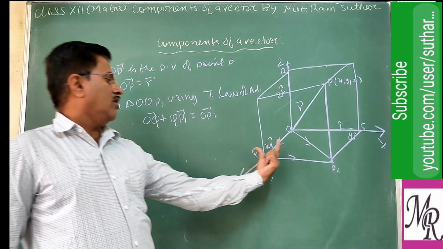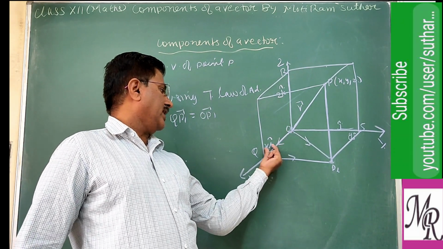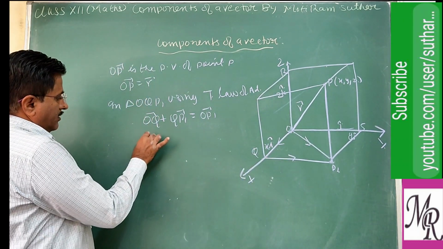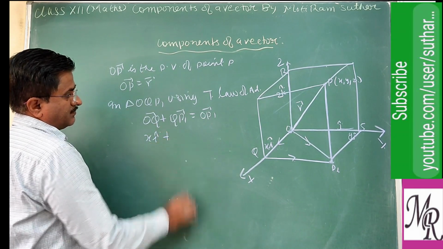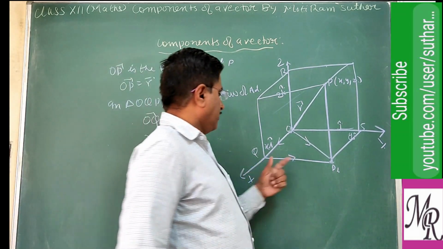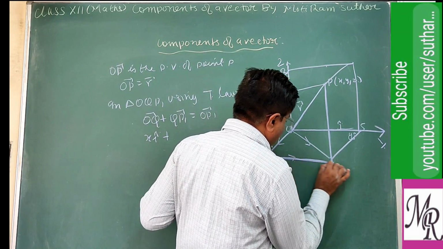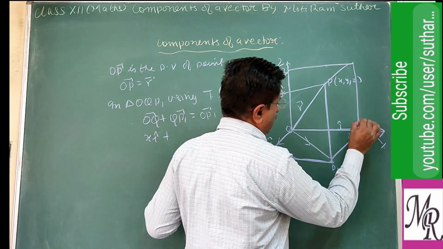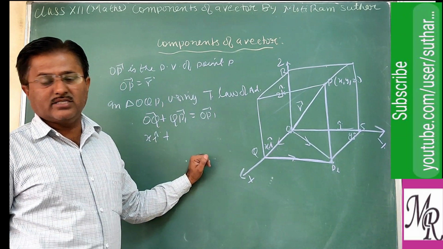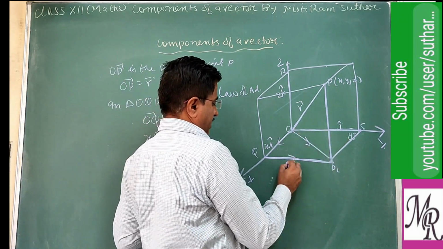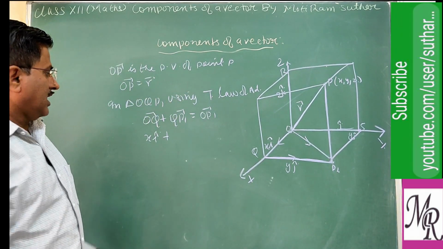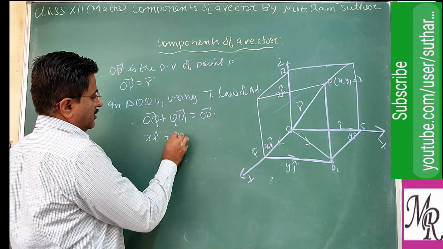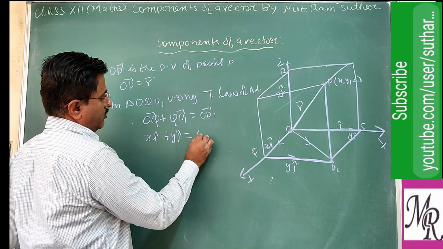Now this is already given as OQ is x i cap, plus, now this vector is parallel to the y-axis, so it has magnitude y and direction, so this can be written as y j. OP1 we want to find.